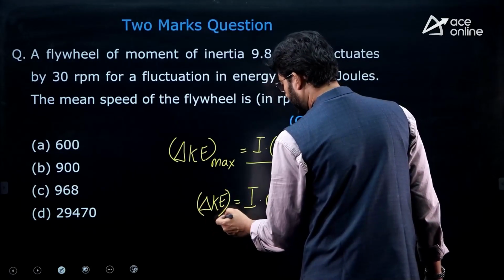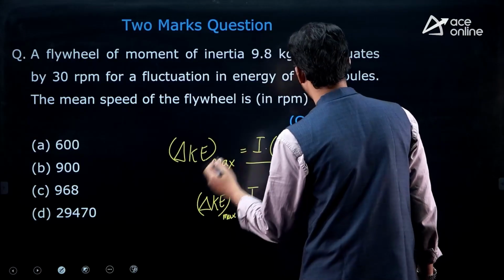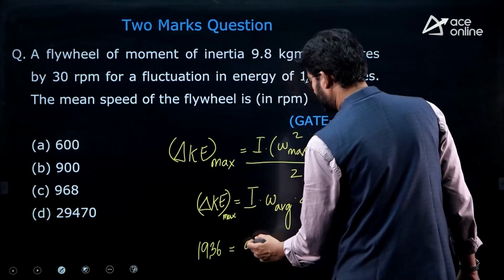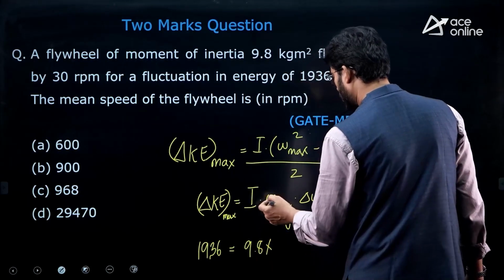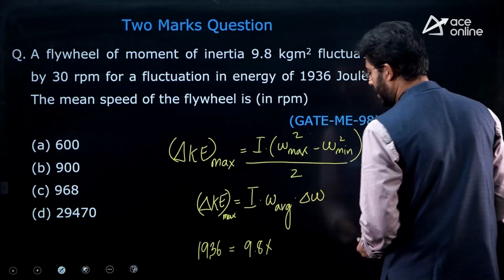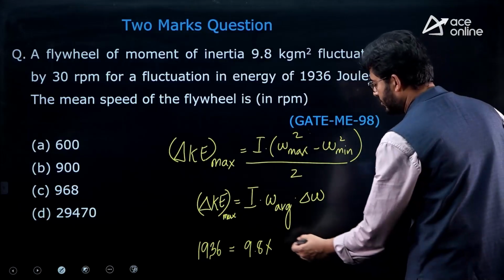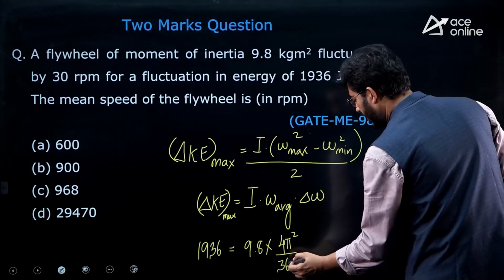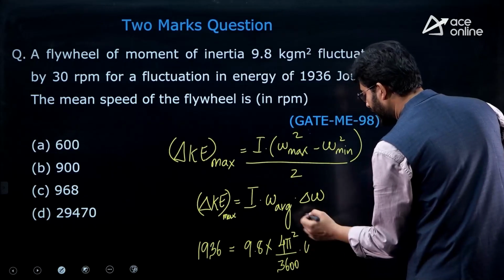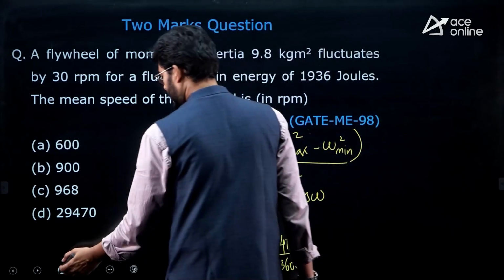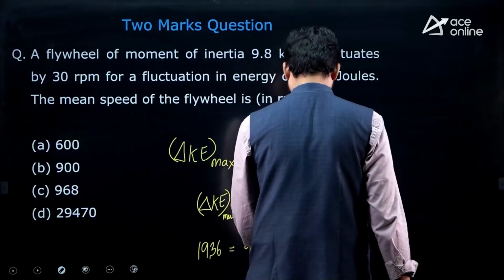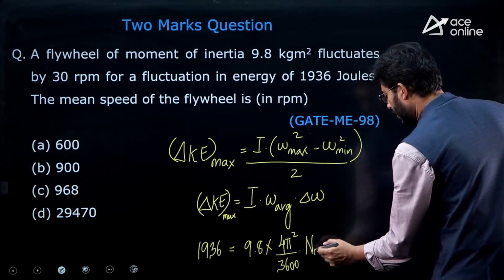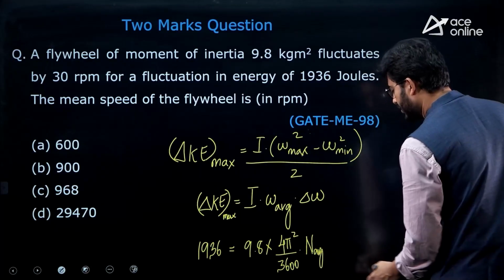So here, instead of delta Ke max, which is 1936 equal to I is 9.8 into omega and delta omega, that is 2 pi n by 60 it becomes. So this is 4 pi square by 3600 into n average into delta n.